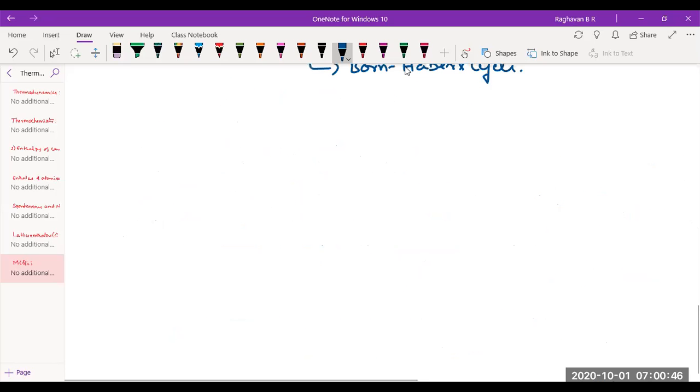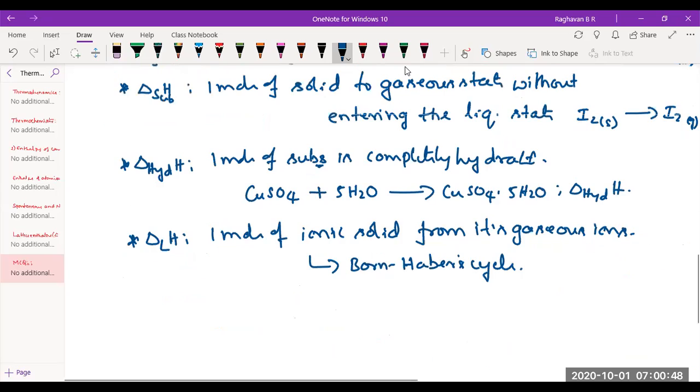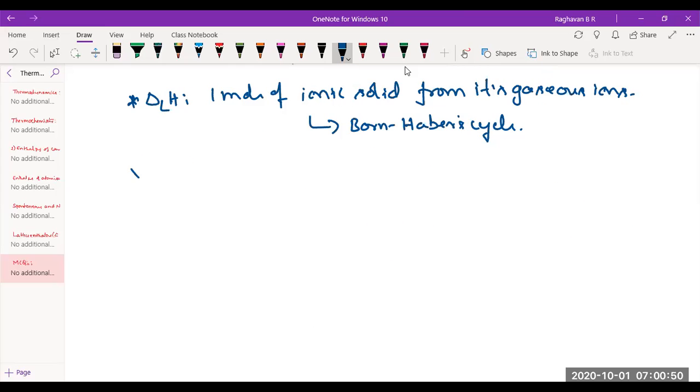Then we'll take up Hess's law. First, Lavoisier-Laplace, which can be called the first law of thermochemistry.